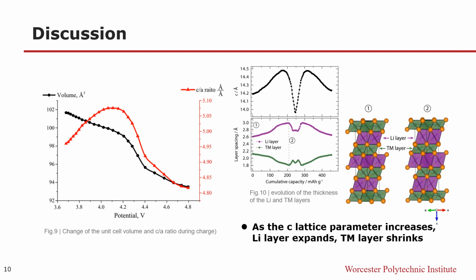The latter is caused by the decrease in the ionic radius of nickel ions and the increased covalency of nickel-oxygen bonds with increasing charge of the nickel ions. The subsequent decrease of the C lattice parameter is initially caused by further contraction of the TM layer, which is then followed by the collapse of the lithium layer.